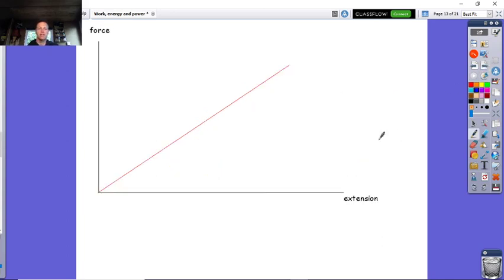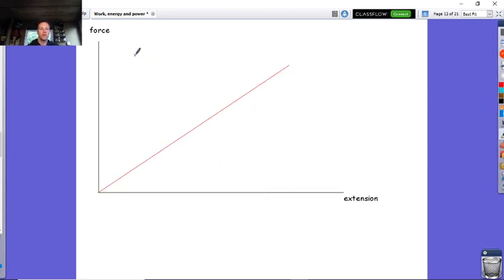And to recap links to this, beforehand you had a force extension graph of good old springs. Remember, you put a mass on a spring and the spring went down. You had a force extension graph.